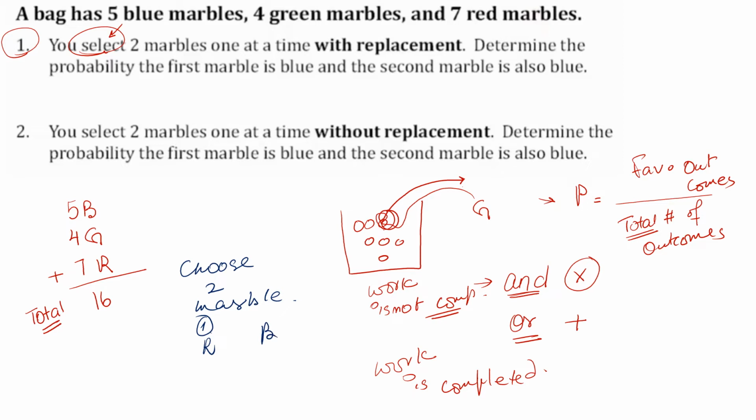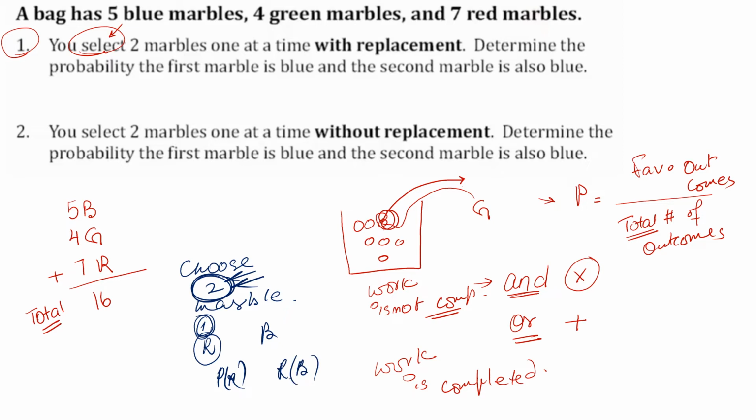First of all, you will draw a marble and write the probability of getting the red marble. Now, have you finished your work? No. Why? Because you have drawn only 1 marble, and they are asking you to draw 2 marbles. So you will draw another marble. Which means you will write the probability of choosing the first marble, the red marble, and after that you will write the probability of the blue marble.